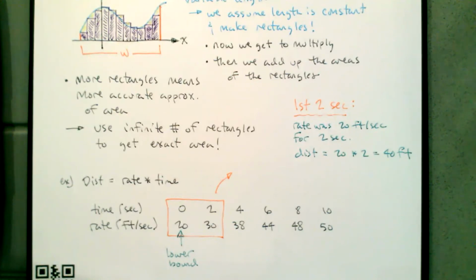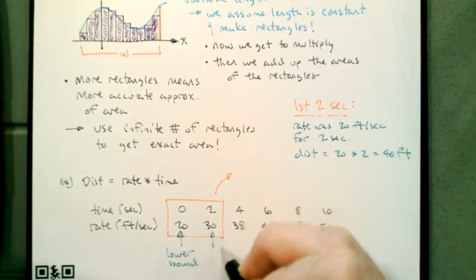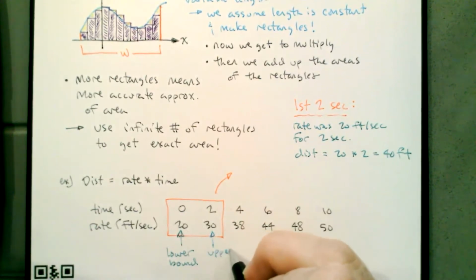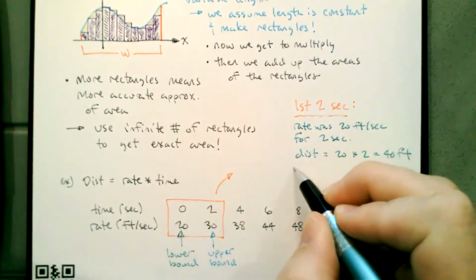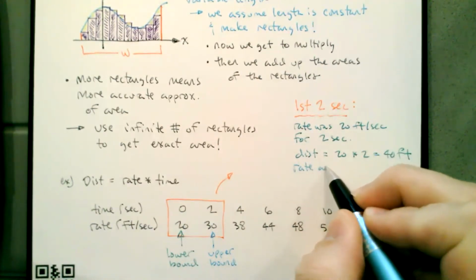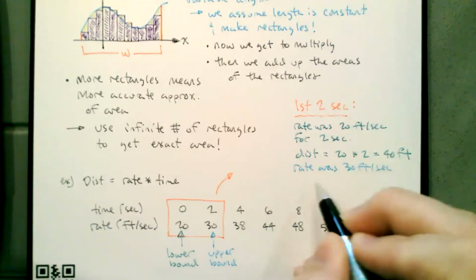We can also get an upper bound by using the 30. We could say that for the first 2 seconds, the rate was 30 feet per second for 2 seconds. And so we can use the 30 for an upper bound. So we could also say that the rate was a constant 30 feet per second for 2 seconds.